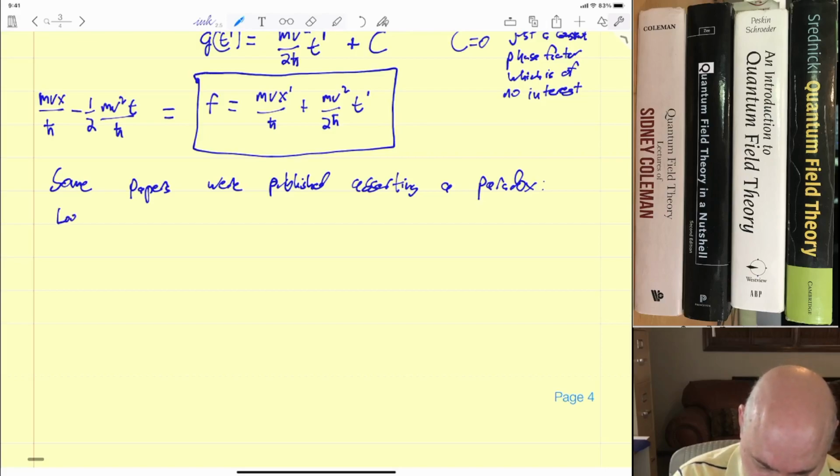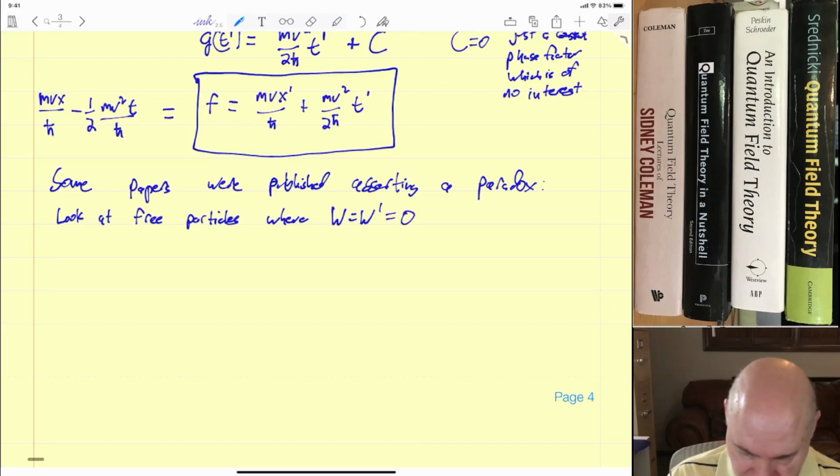Look at free particles, where W equals W prime equals 0.